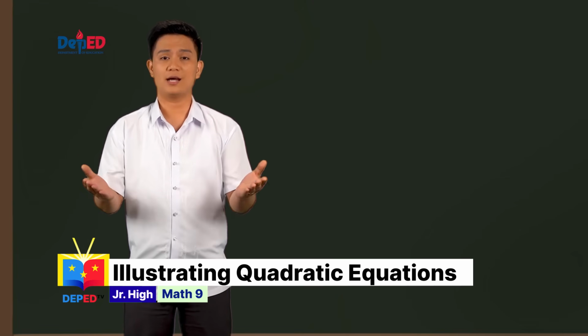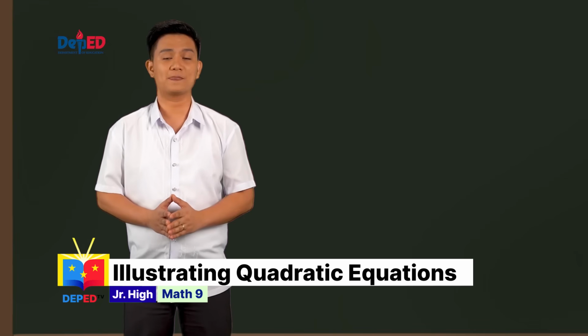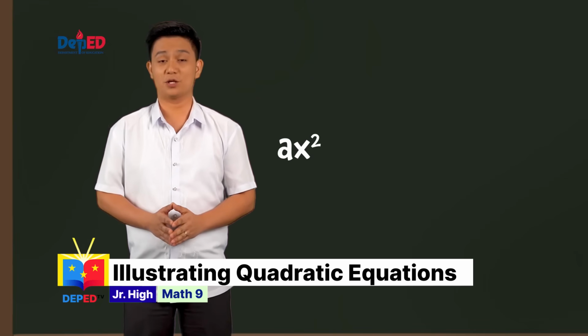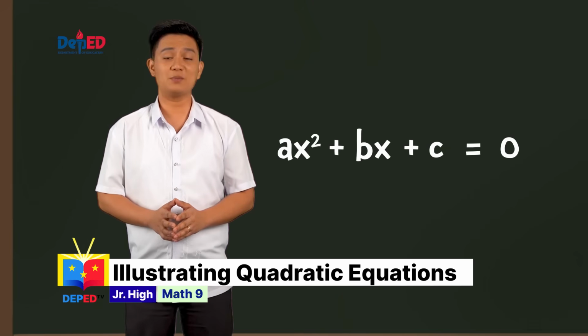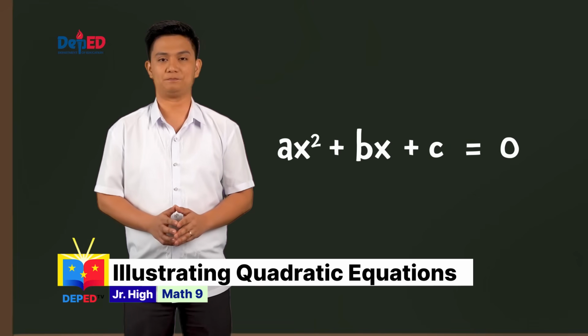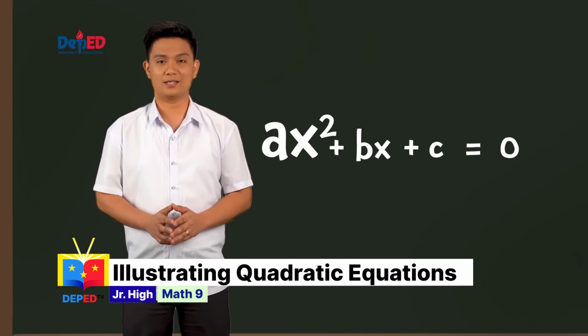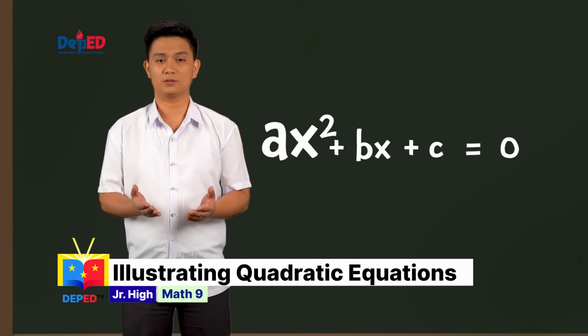In general, a quadratic equation in one variable is in standard form if it is of the form ax squared plus bx plus c equals 0, where a, b, and c are real numbers and a should not be equal to 0. Ax squared is the quadratic term, or the term of degree 2.